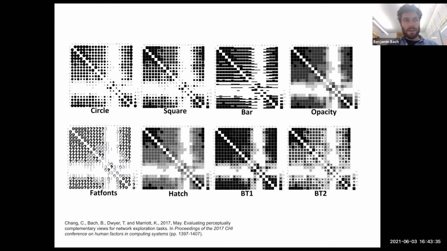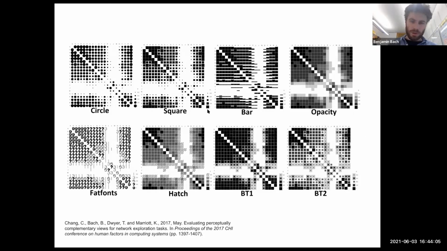Another thing you can do with matrices is visualize information about edges quite efficiently. Here's just a graphic of eight different ways you can visualize weight on edges, so a single value on an edge. You can use small and large circles, squares and size, small bar charts, for example, using transparency. And we ran a study on this as well.